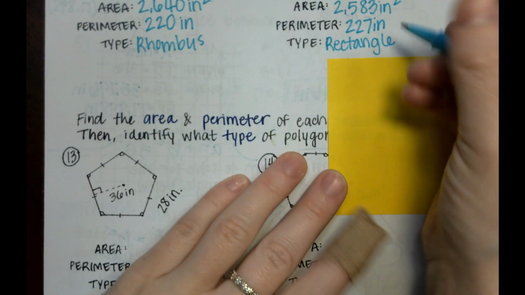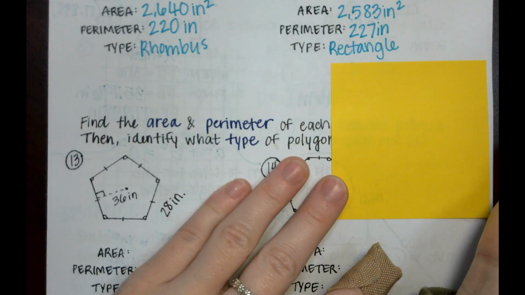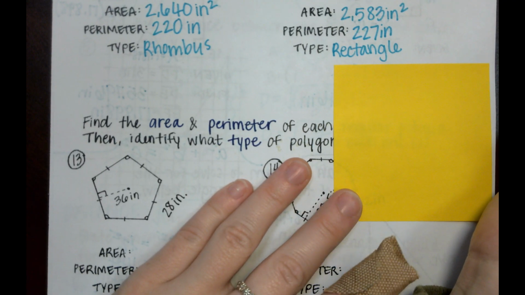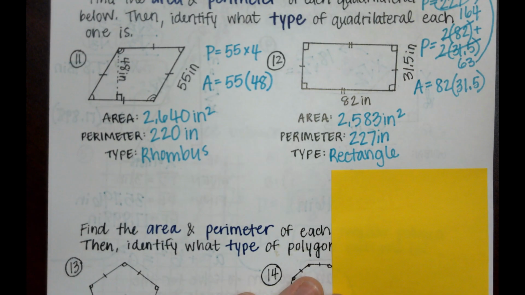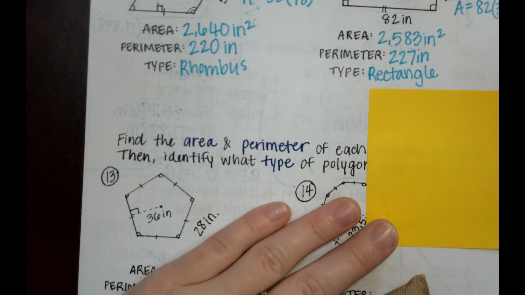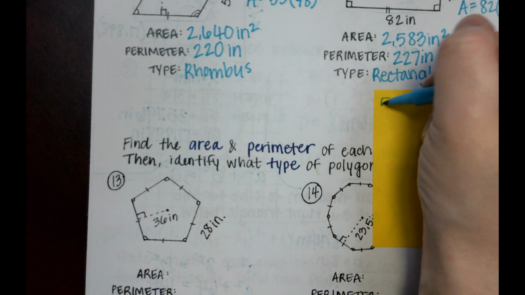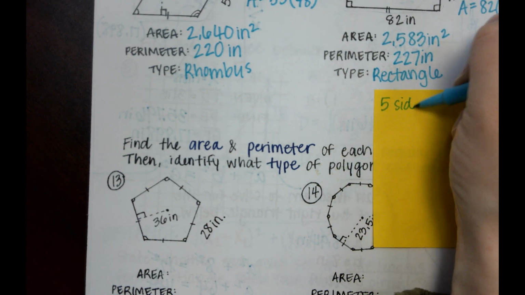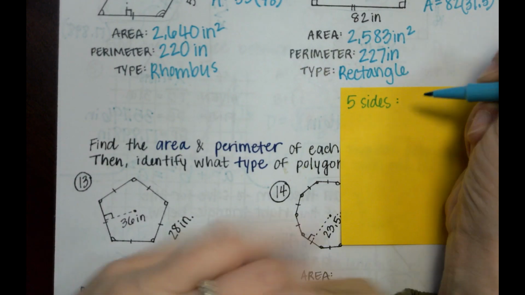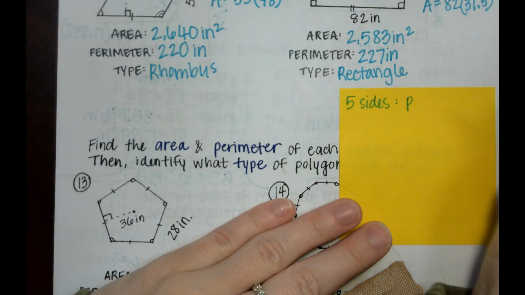So, I think we know that a 3-sided polygon is a triangle, and I just told you in the question above that 4-sided is a quadrilateral. So, are we good to start with 5 sides? Yeah. Okay, so 5 sides.